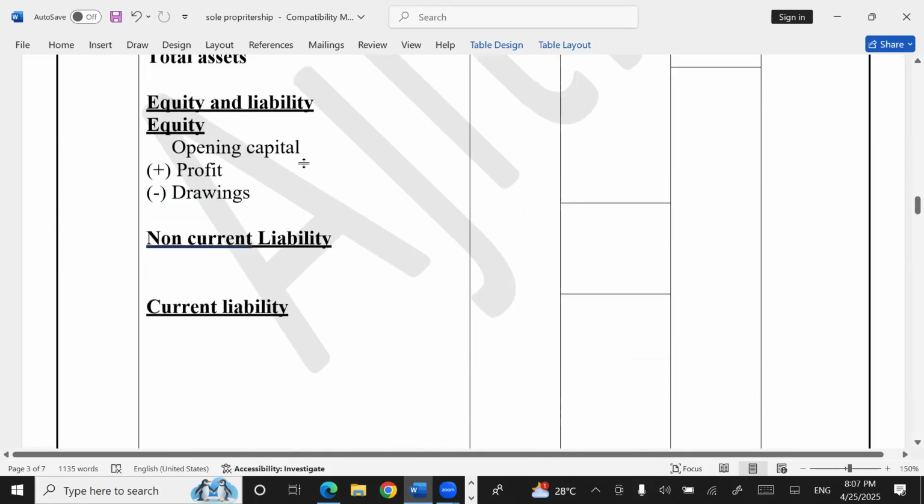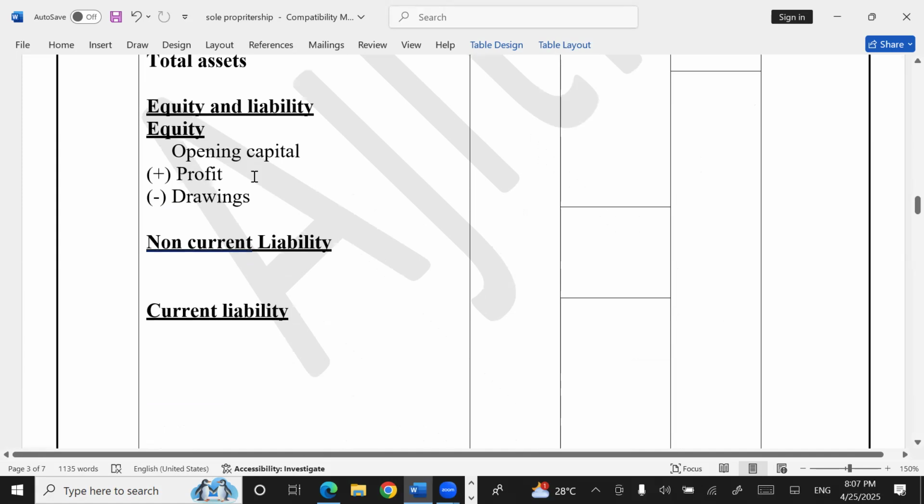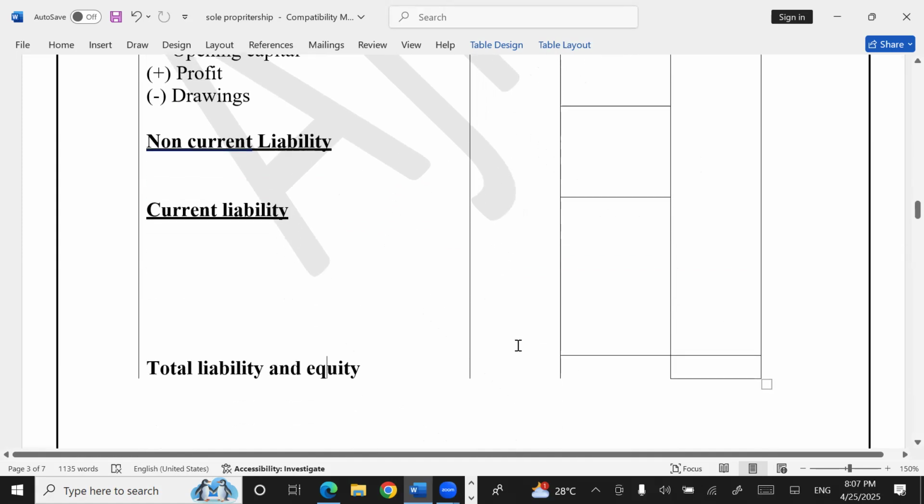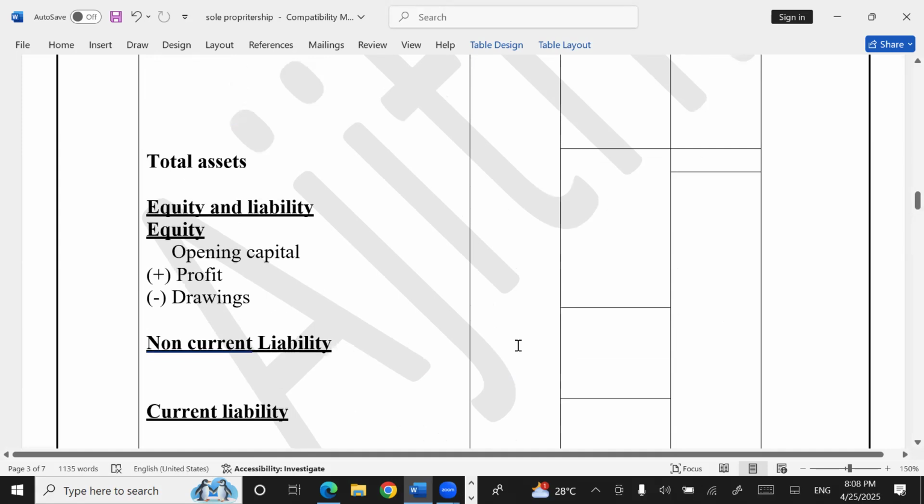Then equity: opening balance plus profit minus drawings, then non-current liabilities as well as current liabilities. This is the way you have to prepare the format before answering the question. Right, first draw the format like this.